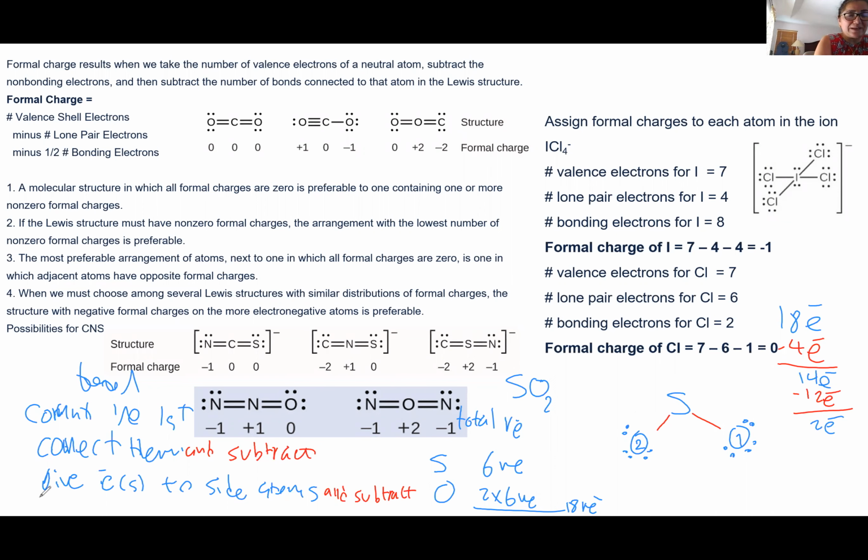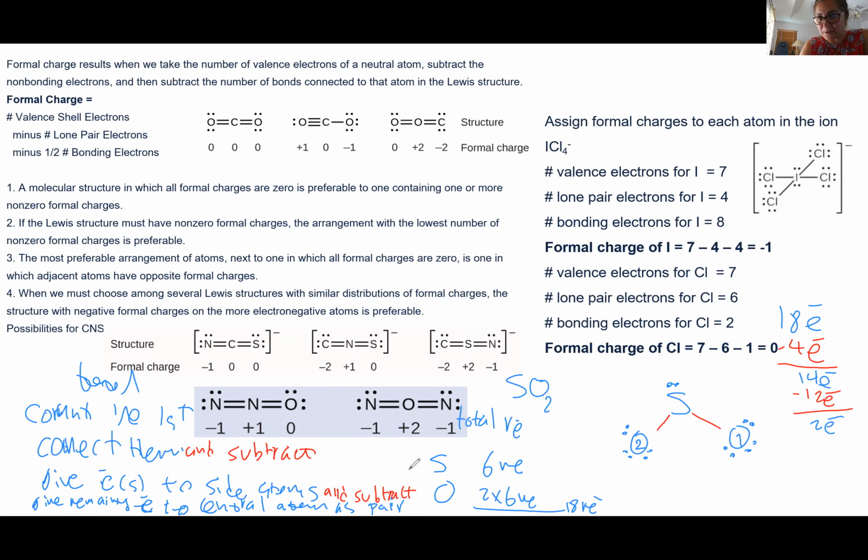Give the remaining to the central atom as a lone pair. Since you only have 1 pair, you give 1 pair.